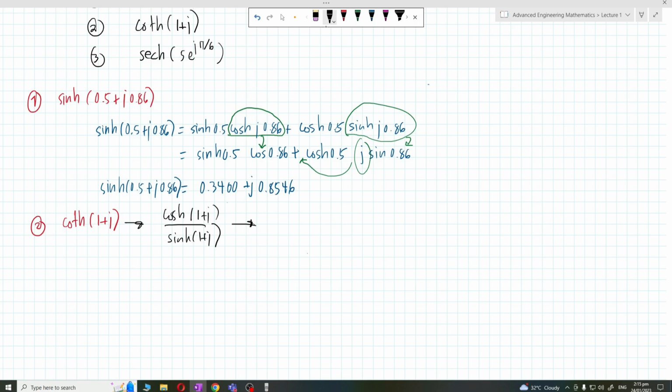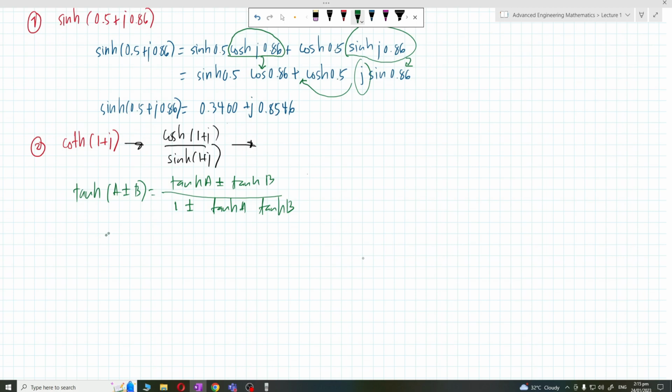Hanap tayo ng ibang way na mas madali siguro. Pero kasi kailangan meron kayong alam na another identity. Kukunin ko yan kay tangent hyperbolic of, let's say, A plus minus B. Di ba tan hyperbolic of A plus minus tan hyperbolic of B over 1 plus minus tan hyperbolic of A and then the tangent hyperbolic of B. So paano guys makukuha yung cotangent?